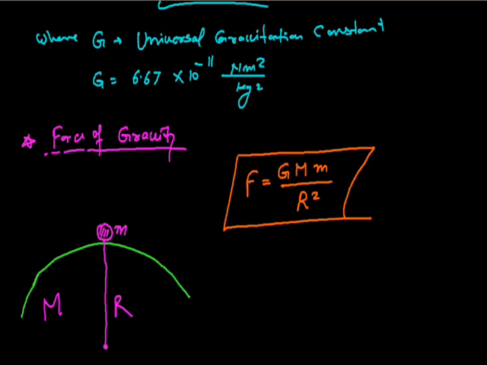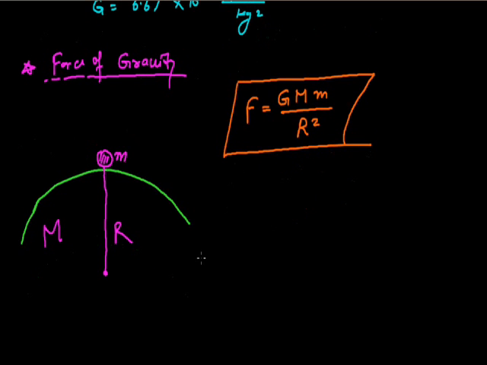This force is a directional quantity, it is a vector quantity. It can be represented by the vector notation G M m upon r cube times minus r, minus for attraction, because this force is only an attractive force.